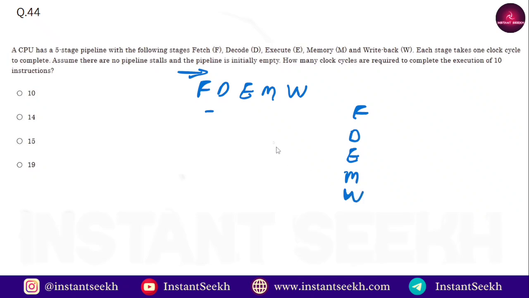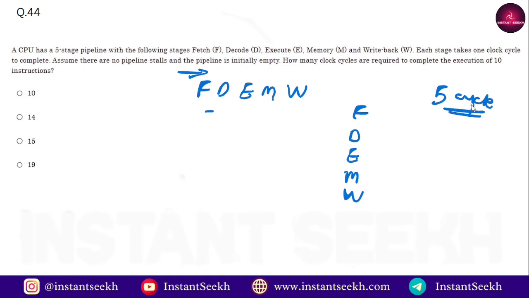Five stages. So for the first instruction it takes 5 cycles, because there are 5 stages. The remaining 9 instructions complete at one instruction per cycle.